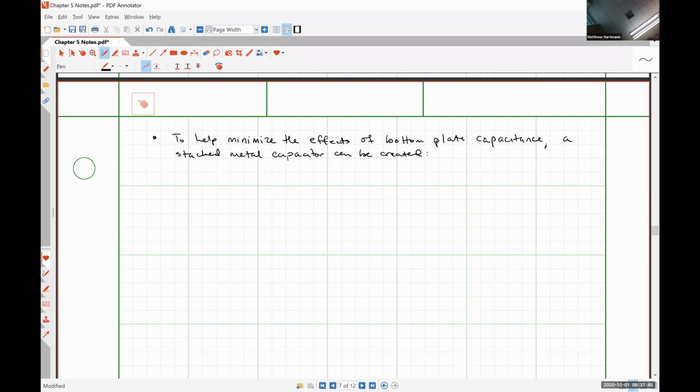So yeah, I think that'll be enough room. Here's our substrate. Here's our field oxide layer.